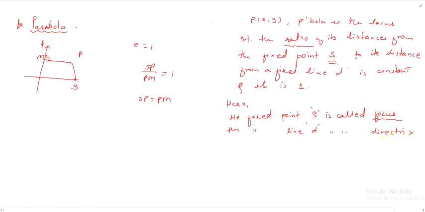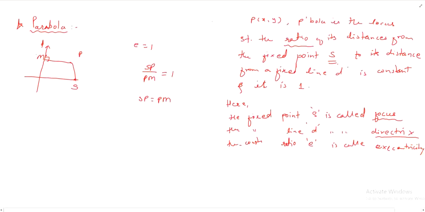You can pronounce it directrix also, isn't it? And the constant ratio e is called the eccentricity.